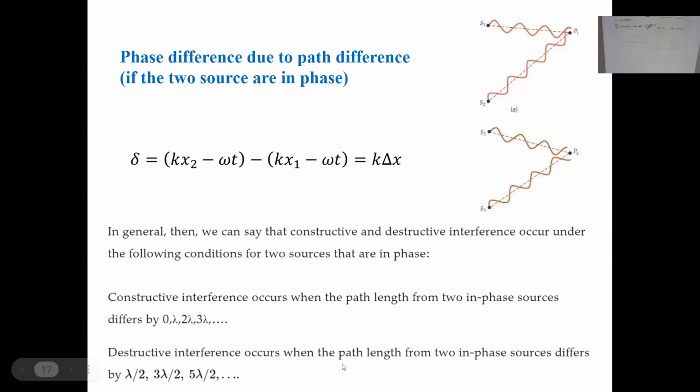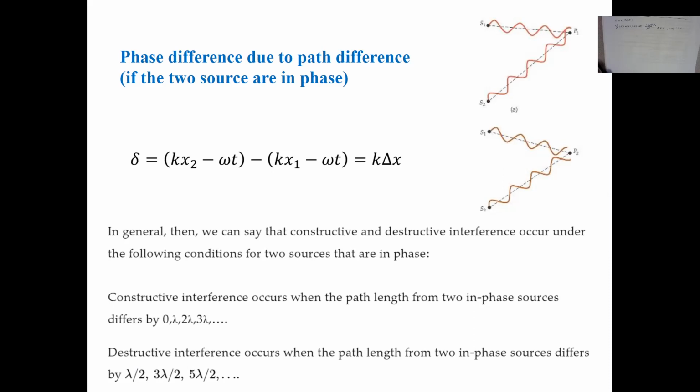The two waves come out in phase, meaning if one gives out a peak first, the other also gives out a peak. If they are completely out of phase, one gives out a peak and the other gives out a valley. Destructive interference happens when the path difference is half-integer multiples of lambda.